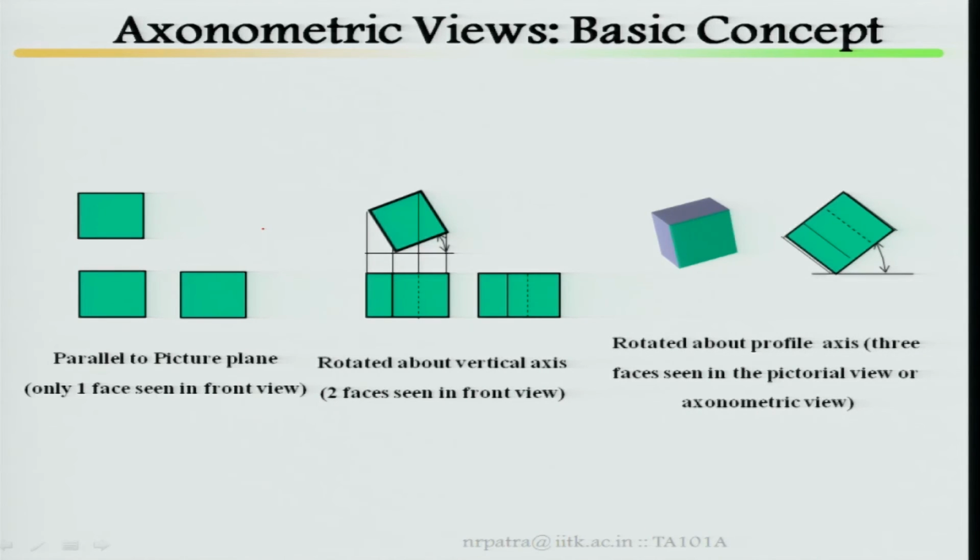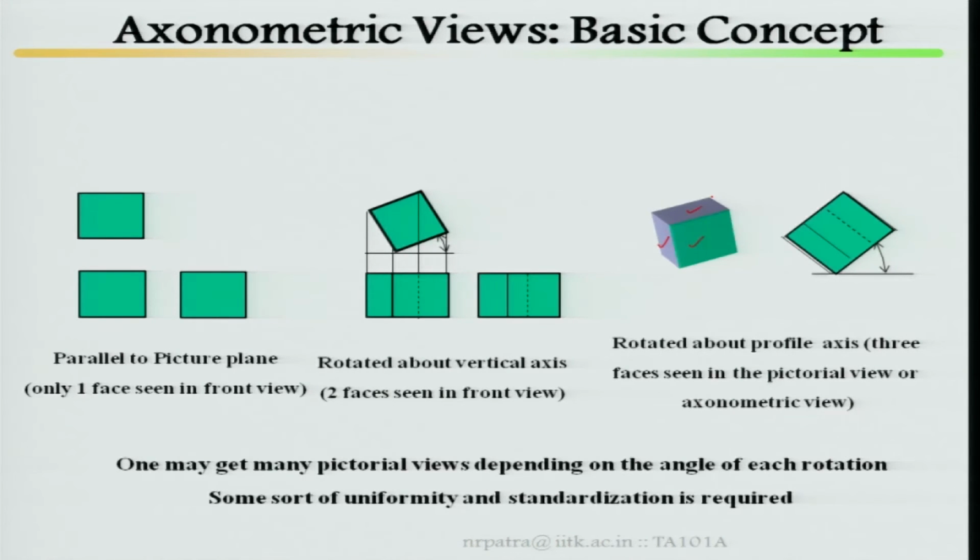Rotated about profile axis, as I said, I can see three faces in pictorial view. That is nothing but your axonometric view. Here I can see two faces, here one face. This is your basic concept.